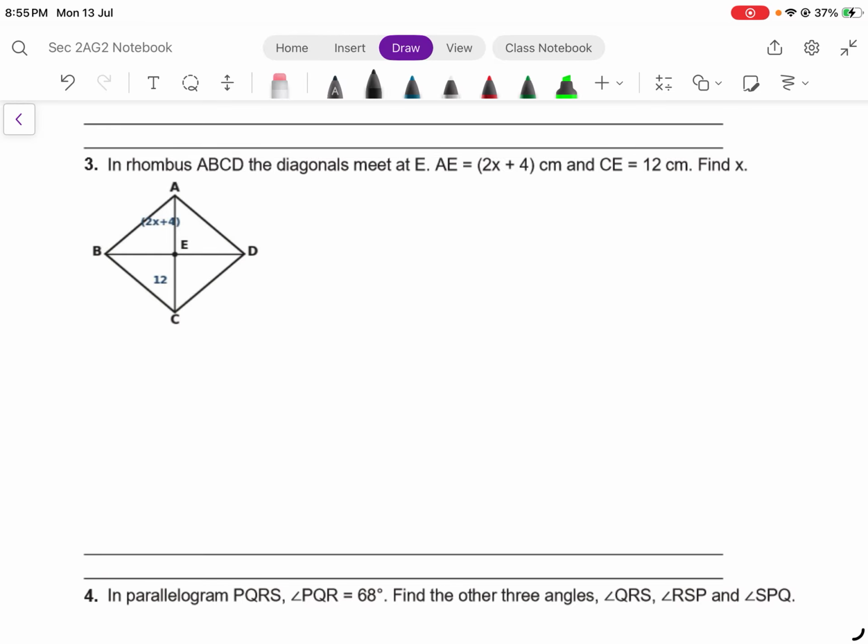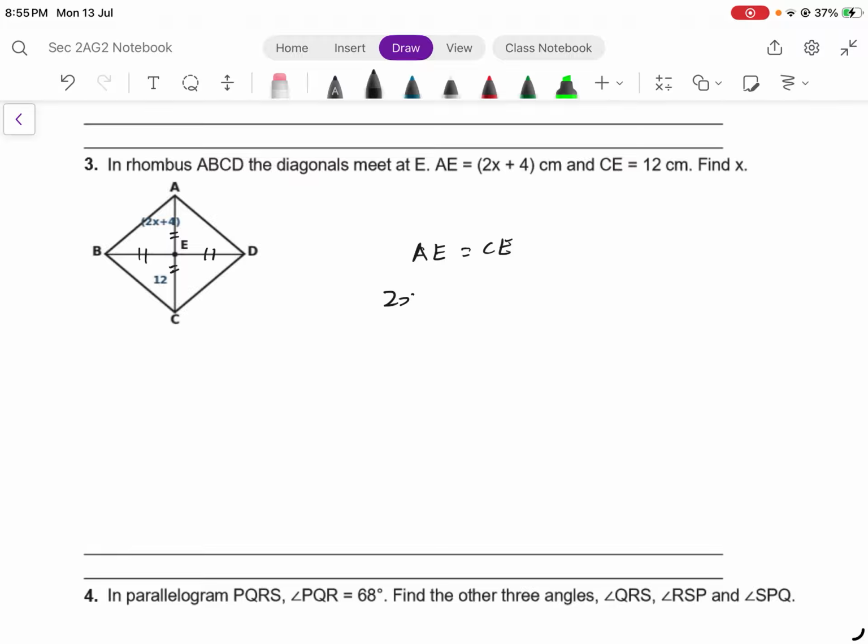Okay, then the next one: in rhombus ABCD, the diagonals meet at E. AE is 2x plus 4, CE is 12. Since the two lengths are the same, AE equals CE. This is only for a rhombus. These are the diagonals, so they're actually all the same length.